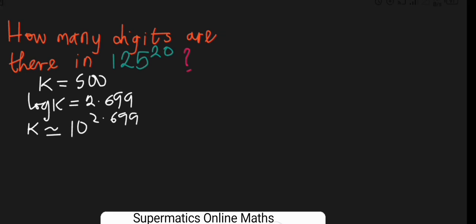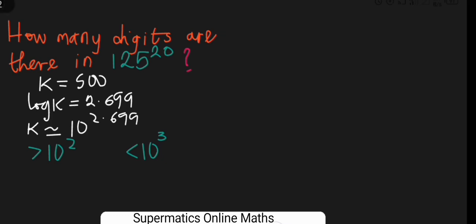However, the logarithm of 500 is greater than 10 to the power of 2 but less than 10 to the power of 3. So that means it is in between. And therefore, k should have 3 digits, as 10 to the power of 2 has 3 digits.